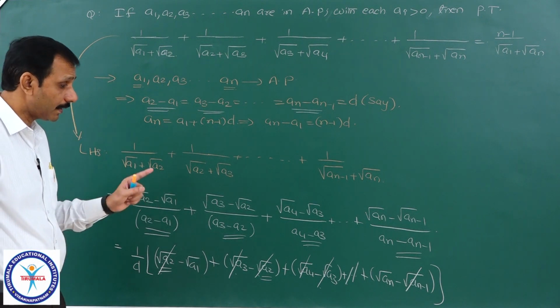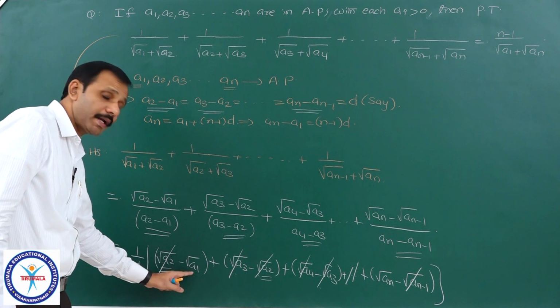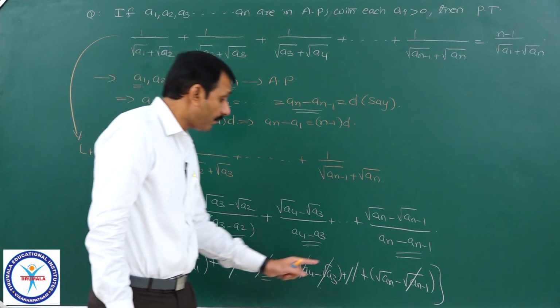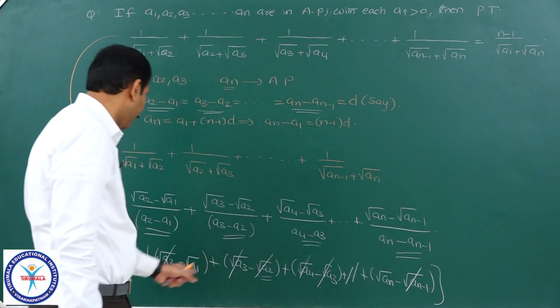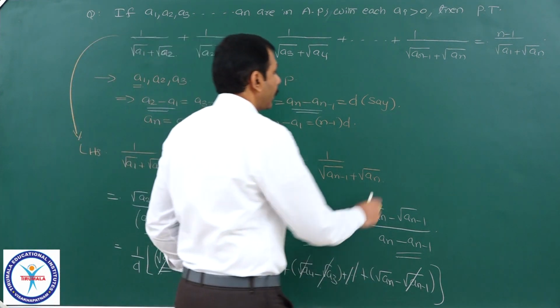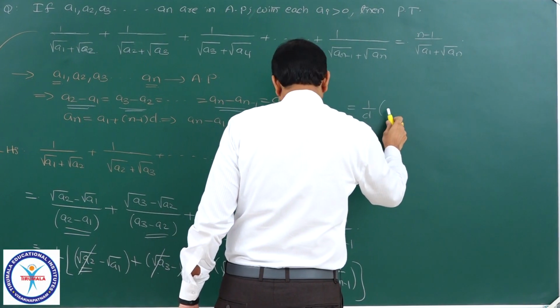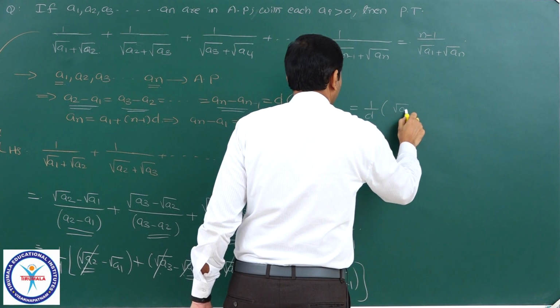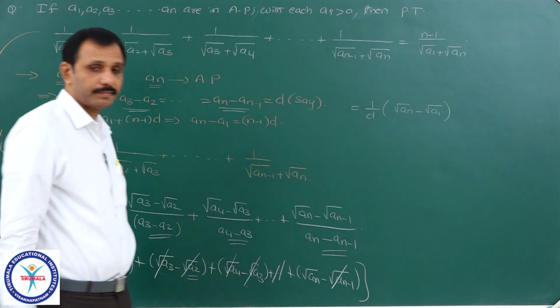Therefore, now what are the terms left over in this? Second term of first bracket is left over and first term of last bracket is also left over. Therefore, after simplification, it is equal to 1 by d times of root an minus root a1, is the leftover value.